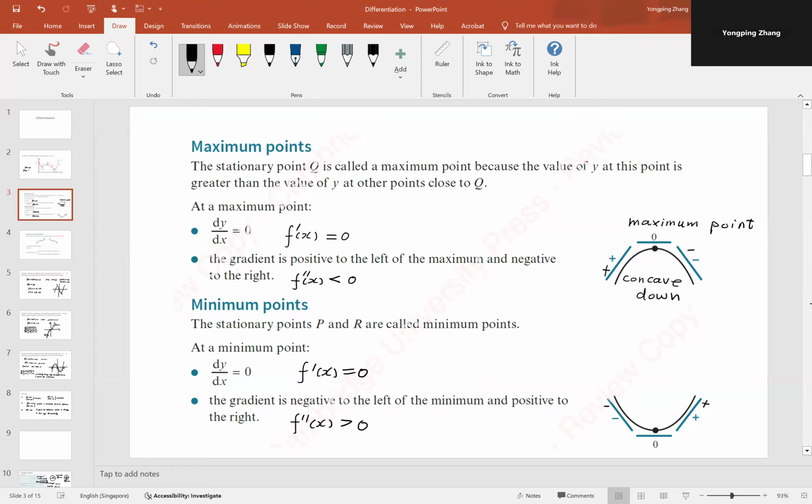This is the minimum point. This part is concave up, that part is concave down. We can determine whether the point is the maximum or the minimum point.